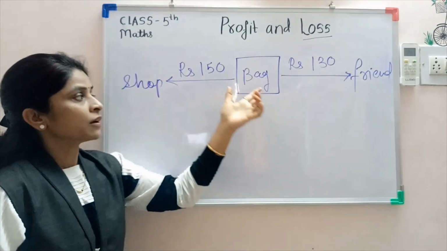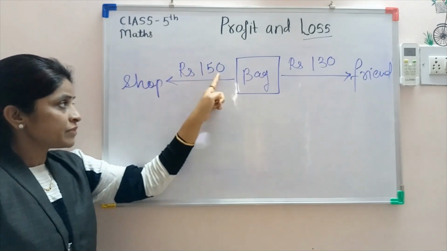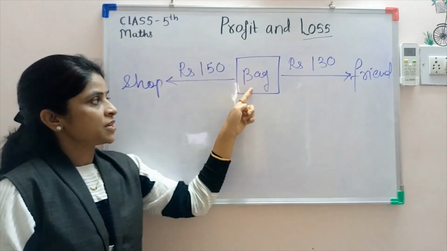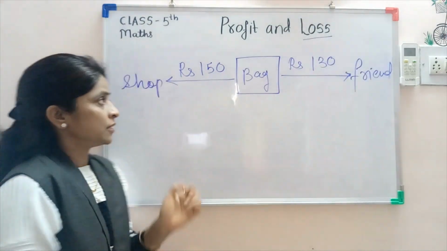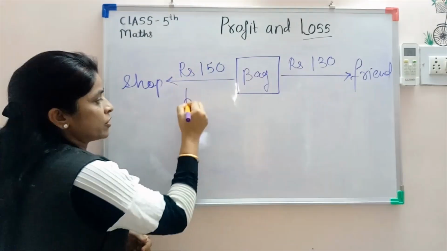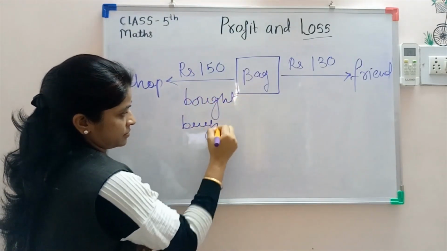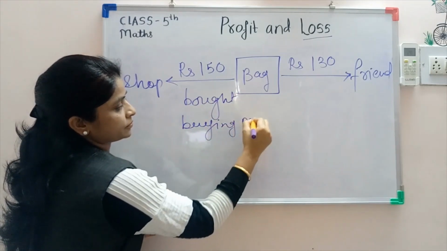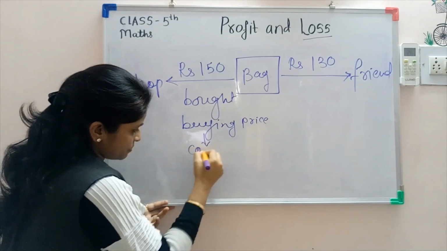Again see the bag which I bought at rupees 150, due to the damage I sold to my friend at rupees 130. Now I bought is my buying price, or you can say my cost price.